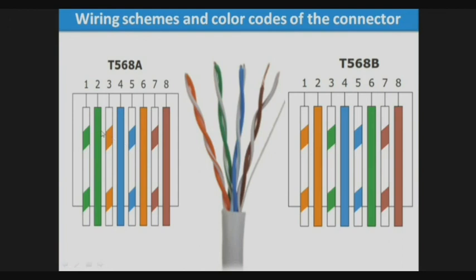The RJ45 connector uses 8 jacks, that is 8 pins, to insert the wires in the same order. In the first scheme, the first pin is used to insert the white green stripe wire, the second one is used for the solid green color wire, the third one is white orange stripe wire, and the fourth pin is used to insert solid blue color, and so on.